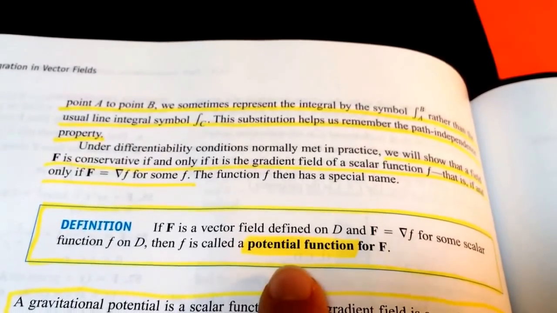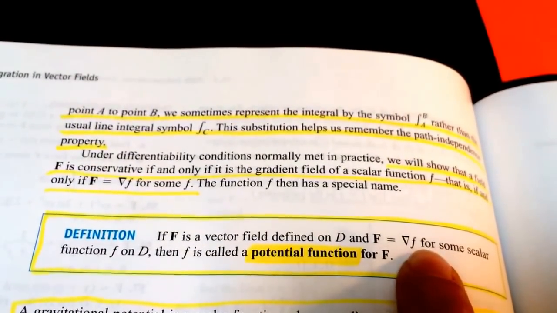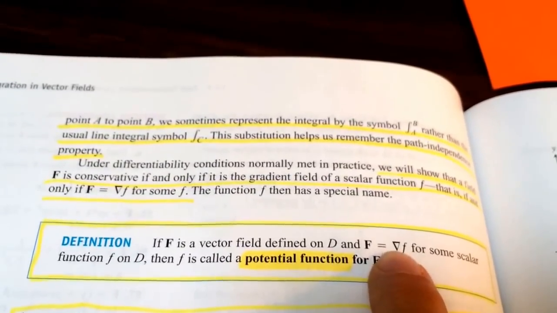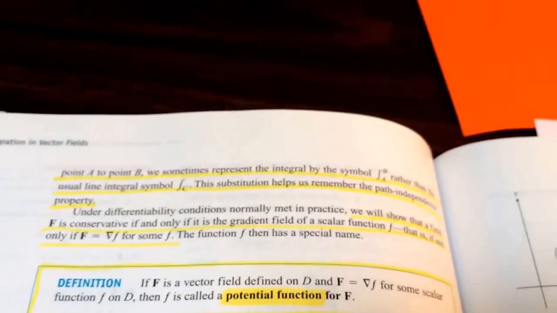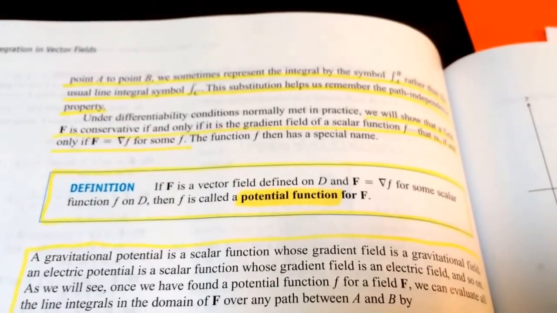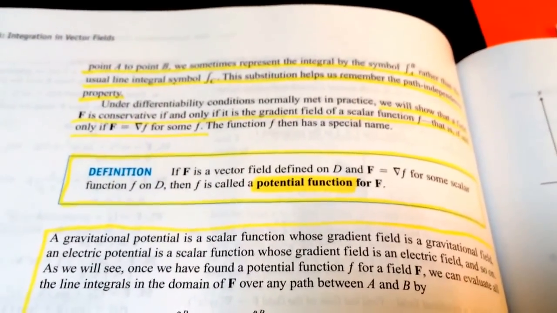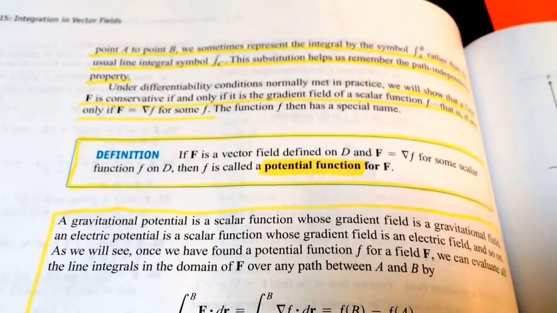And so this lowercase f is called the potential function. The potential function is the lowercase f such that if you took the gradient of it, you would get the capital F. Notice the lowercase f is a scalar function, meaning it's not a vector. Scalar function does not mean it's all numbers, but it's not a vector.